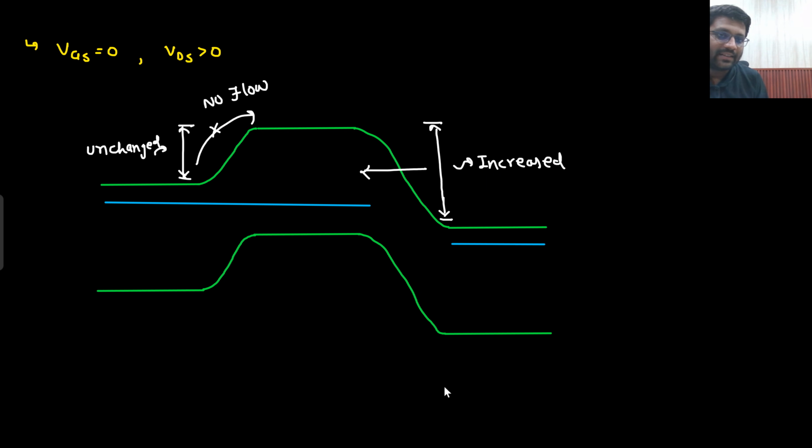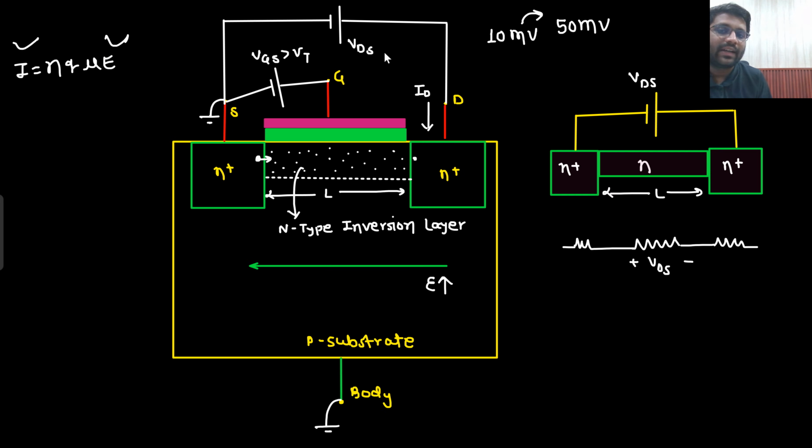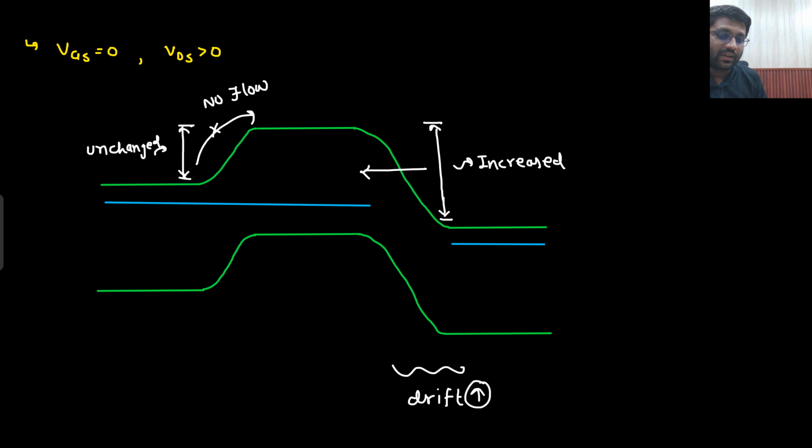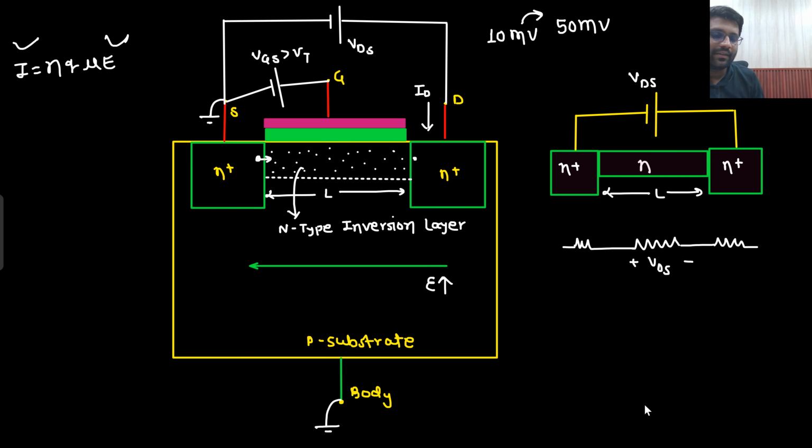So if this barrier has increased, that means here drift has increased. So this ID current is mainly because of the drift of the electrons. Surely, from here to here there was diffusion, no doubt about it, but eventually the electrons are pulled by this particular force. So current is drift dominant here, right?